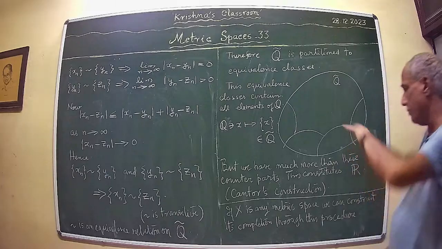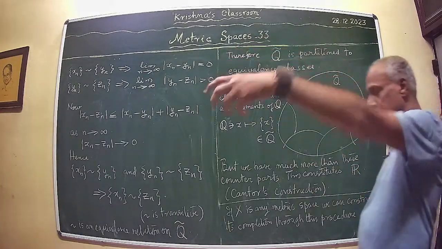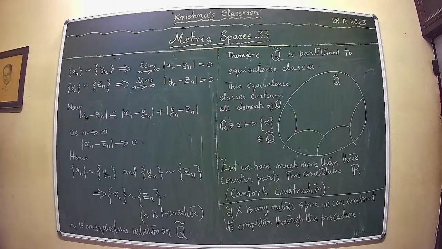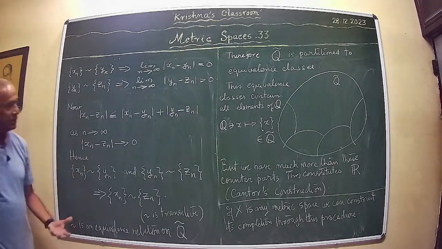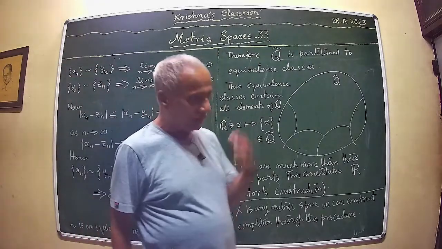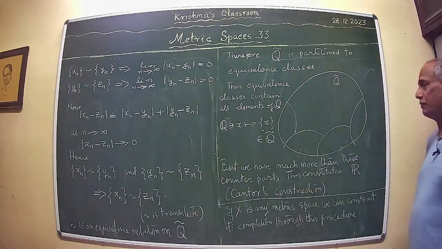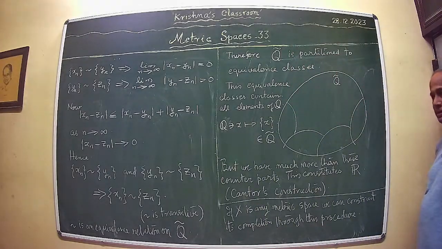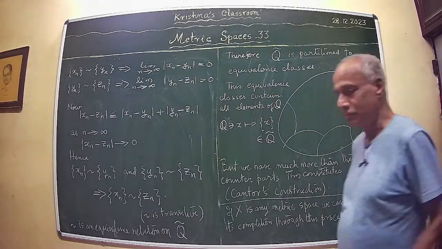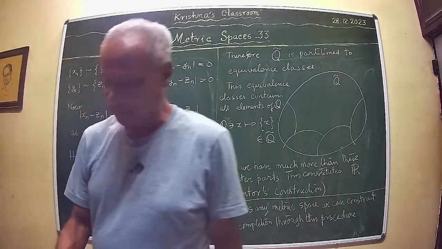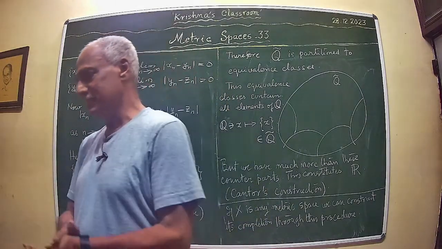So we have our experience of going from Q to R, and we resort to the same technique to work on any metric space to arrive at its completion. So I think that's a nice place to stop, and we now take up the problem in all its generality in our next lecture. Thank you very much.